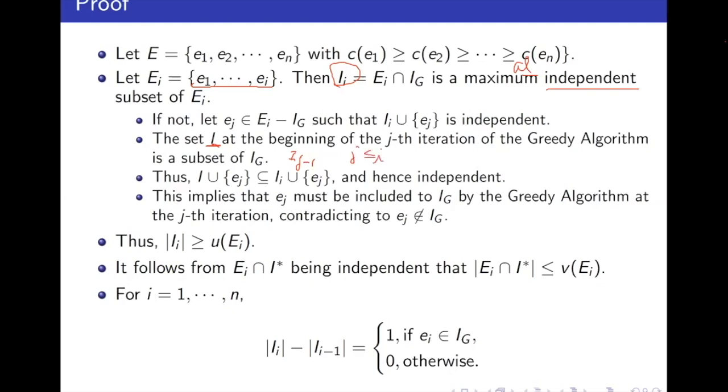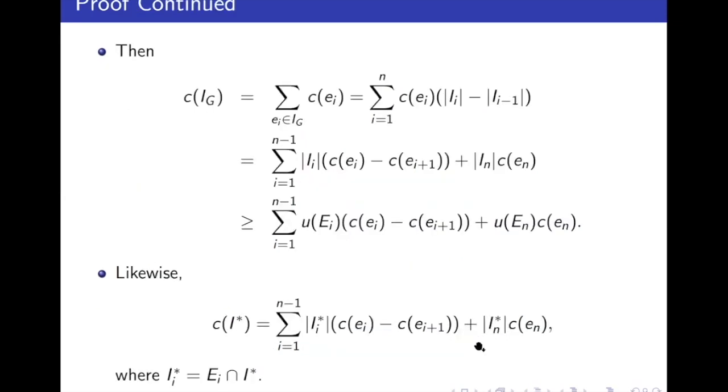So now hence this I sub j minus 1 has to be included in this I sub i, because j is less than or equal to i. So because of this, this E_j then will have to be included in I_G, which is a contradiction.